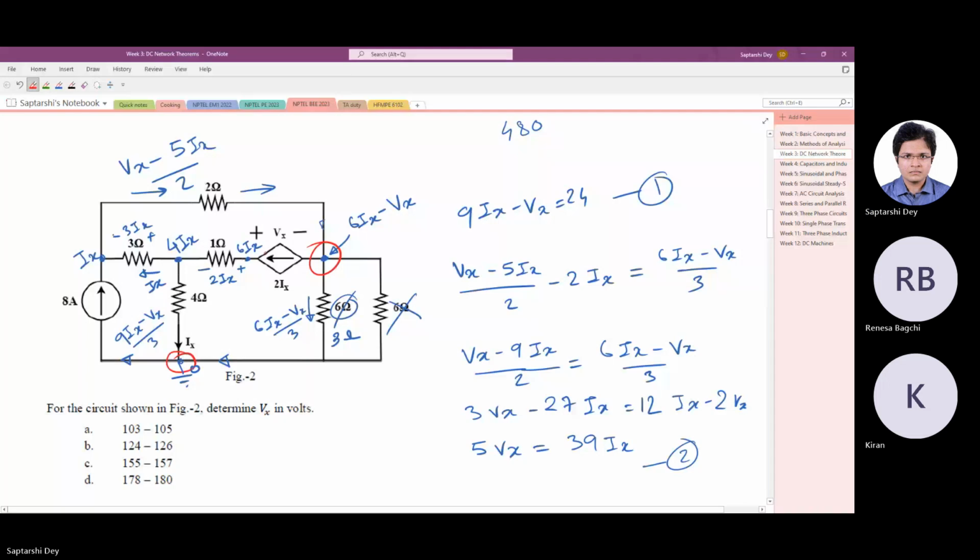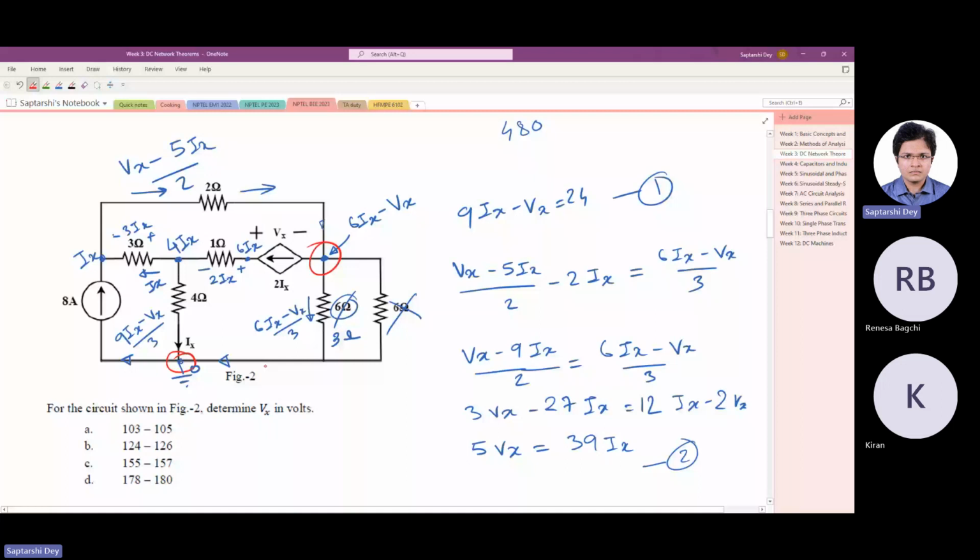6ix. Anyway, you can find it out. Just take a screenshot of this and see if there is some mistake anywhere.